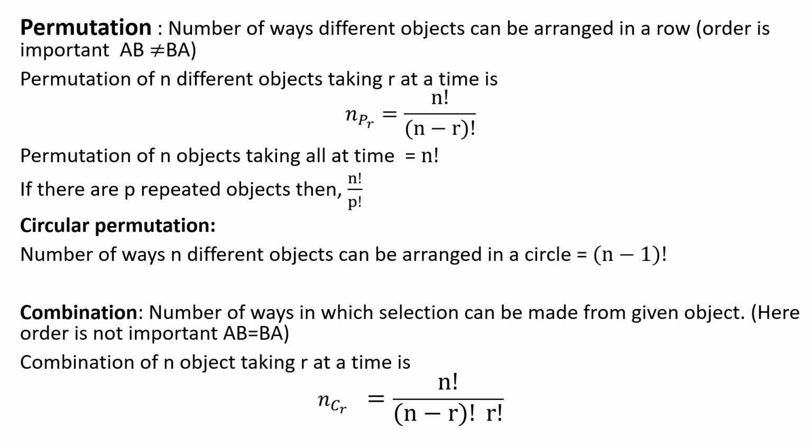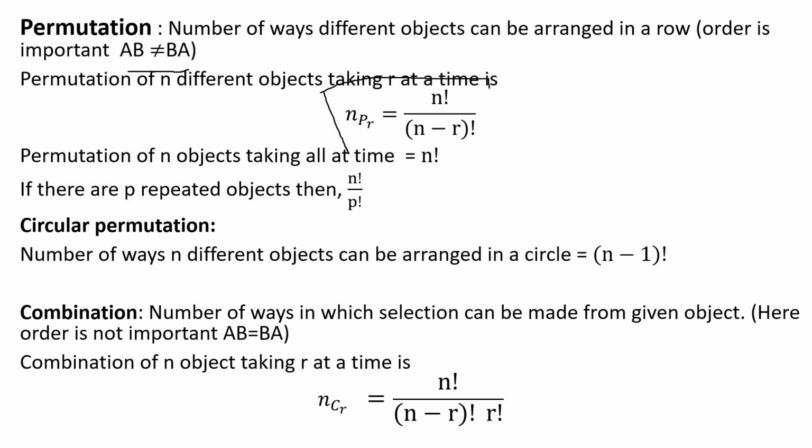Permutation. It is the number of ways different objects can be arranged in a row. Here order is important. AB is not equal to BA. So permutation of n different objects taking r at a time is given by nPr equal to n factorial divided by n minus r factorial.